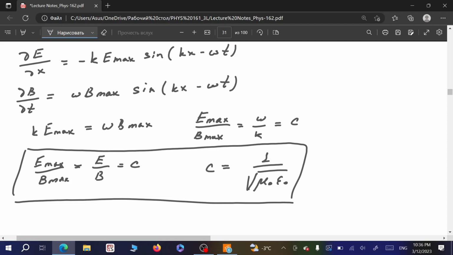So with this, we will finish this discussion, and our next topic to be considered will be energy transferred by electromagnetic wave, which is an important feature because electromagnetic waves transport some energy in space, and they can transfer quite a lot of energy.